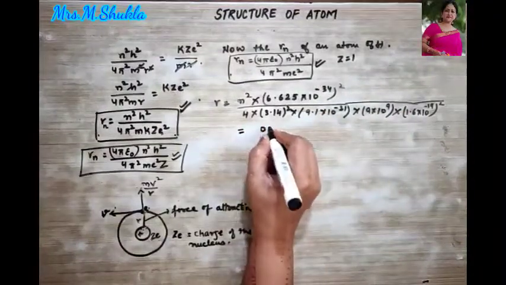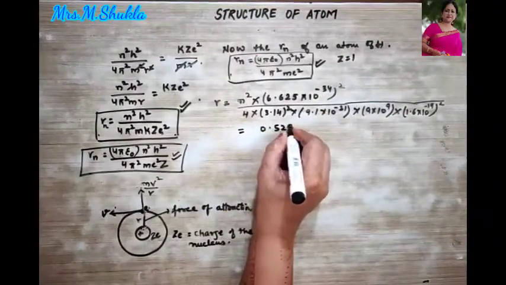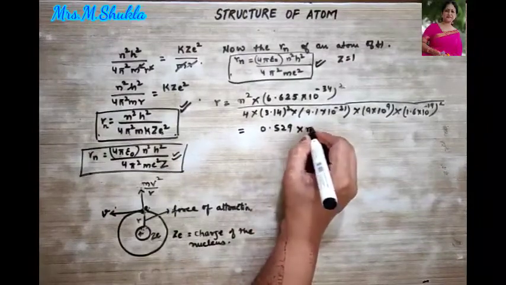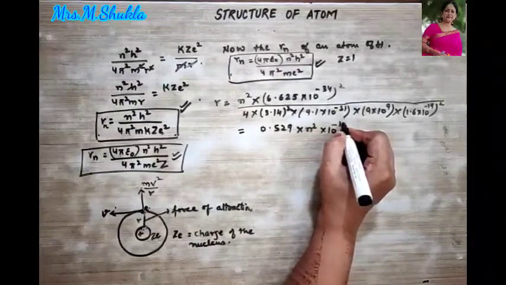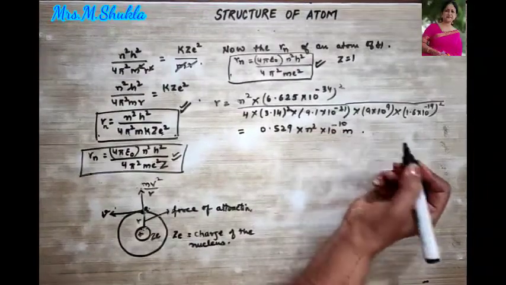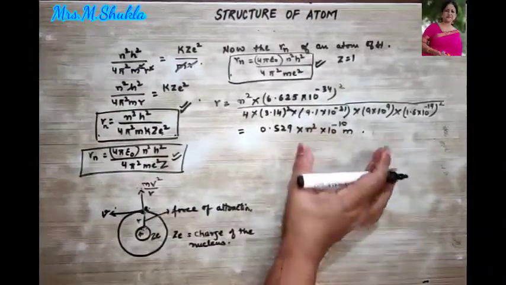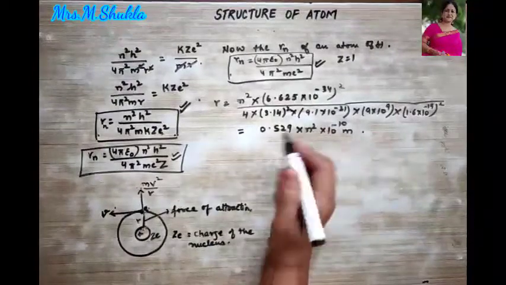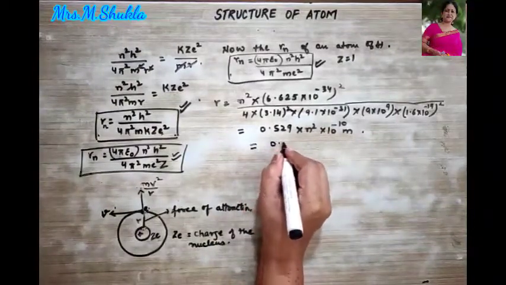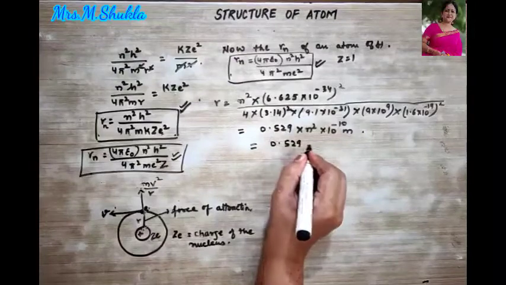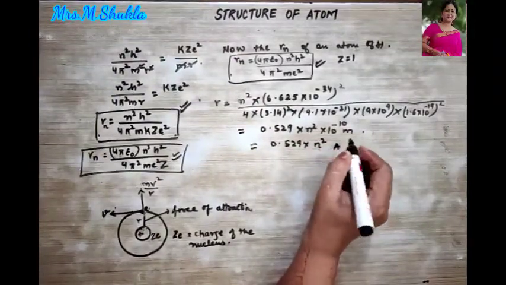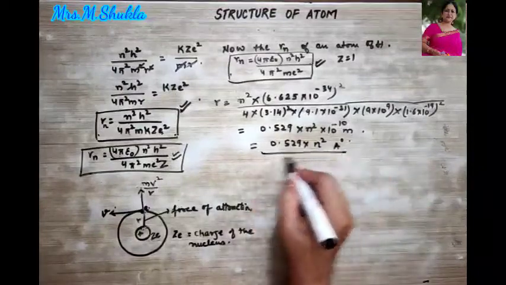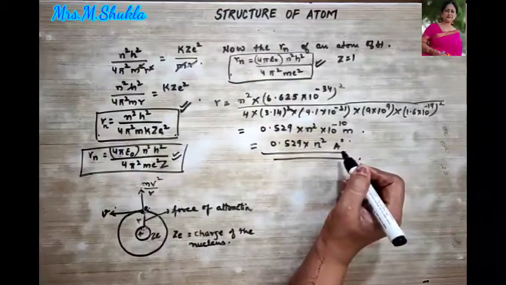We will get 0.529 into n square into 10 to the power minus 10 m. So in total this is equal to 0.529 into n square Angstrom. This is what I had given you.